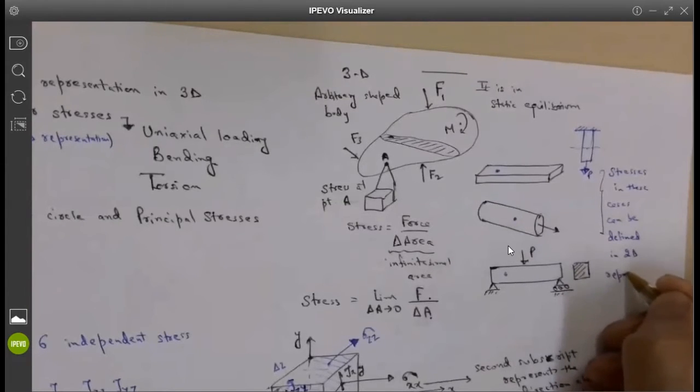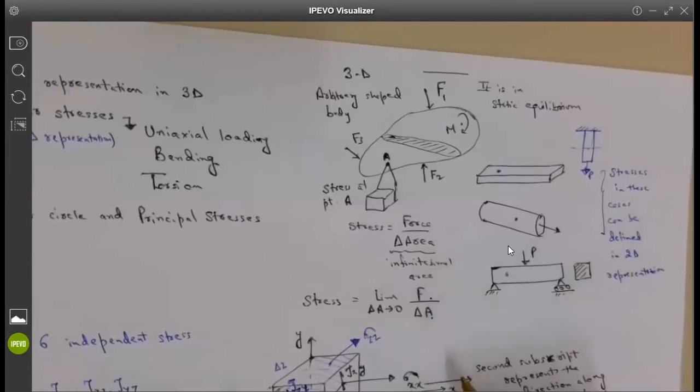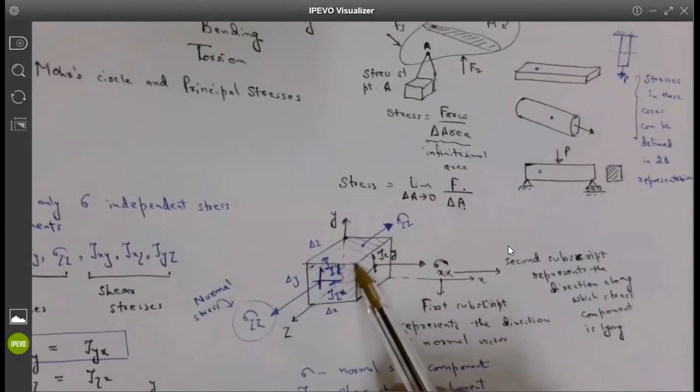So how do we actually move from 3-dimension to 2-dimension? If you look at this cube, it has 3 dimensions, delta X, delta Y.